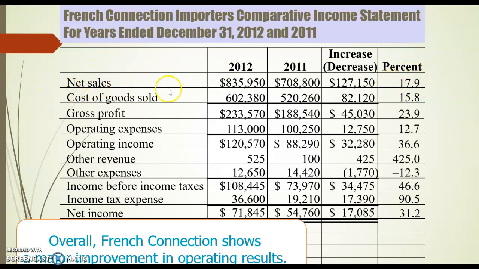Why did our sales go up so much? Did we expand into a different area? Did we add a new product line? Did we do a whole bunch of different advertising? What caused our sales to go up? Did we change our policies for which customers could buy on account?